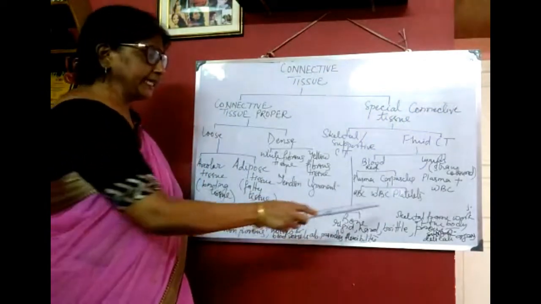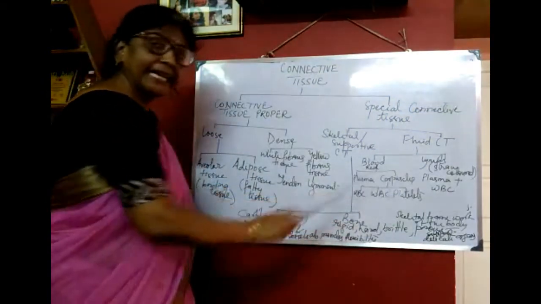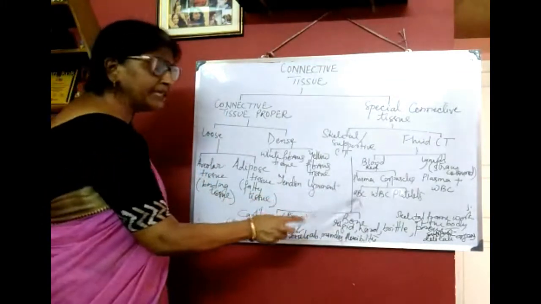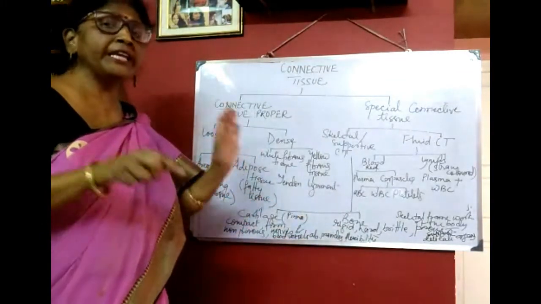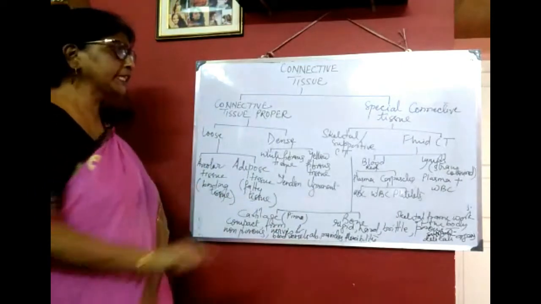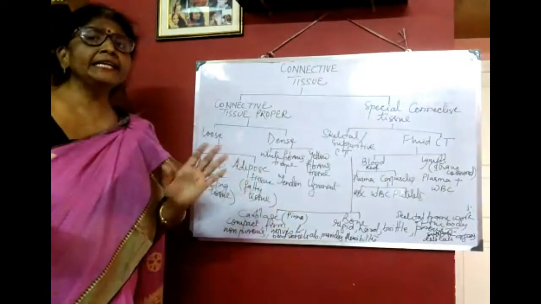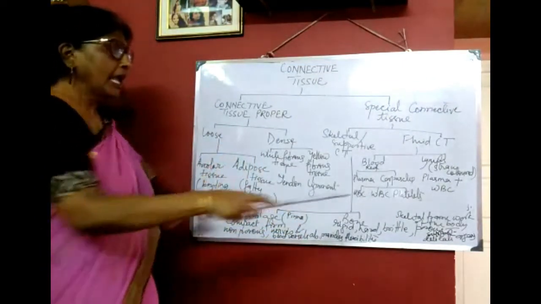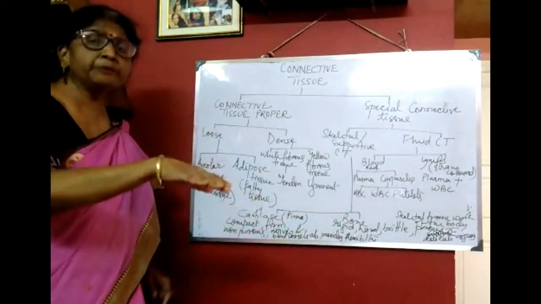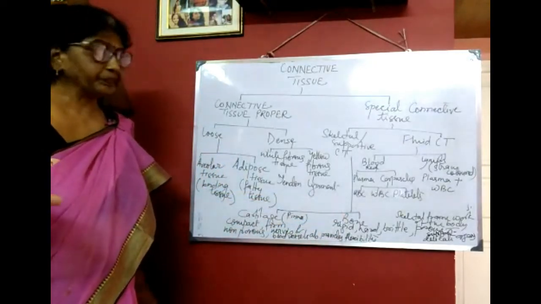WBC are nucleated. Platelets are devoid of nucleus. RBC, as it contains hemoglobin, helps in transporting oxygen. WBC fight against disease germs, and platelets help in blood clotting.